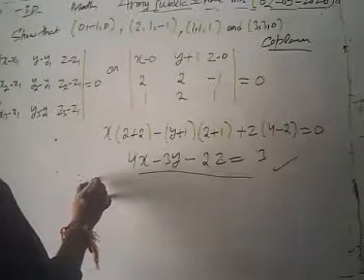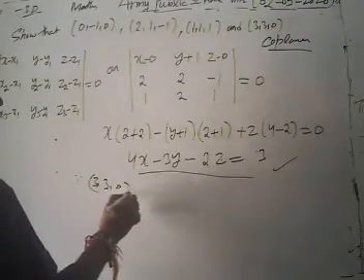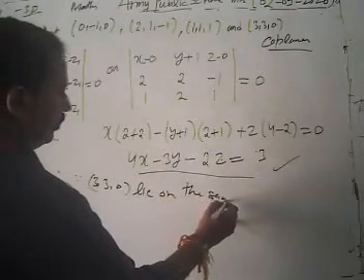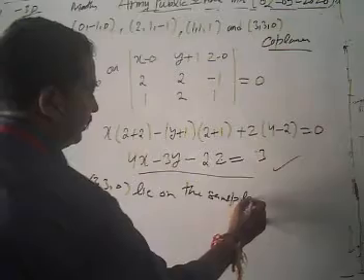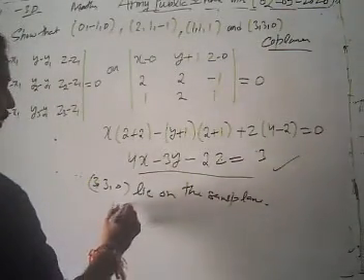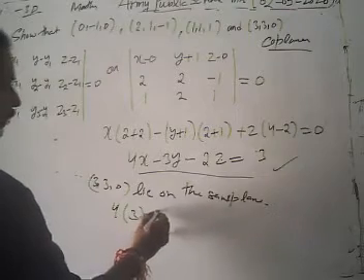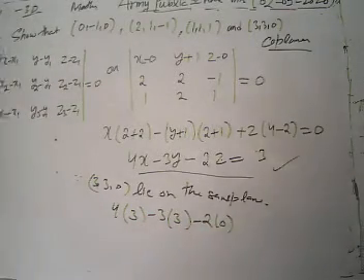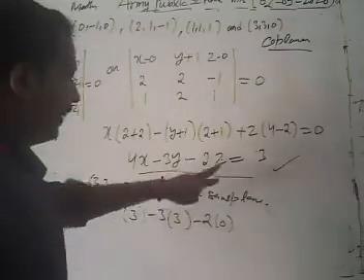Since 3, 3, 0 lie on the same plane, it must satisfy this given equation of plane, and we put 4 into 3 minus 3 into 3 minus 2 into 0. Then what do we have? It must satisfy this.